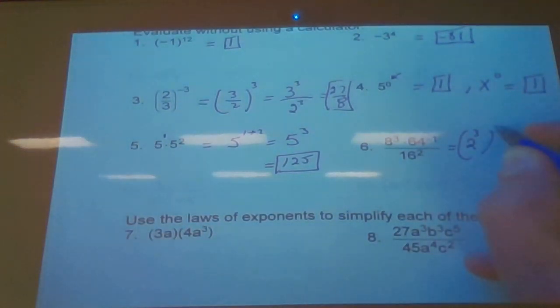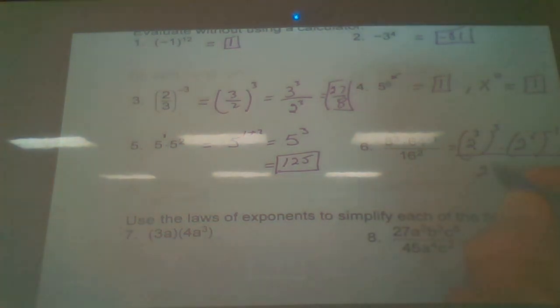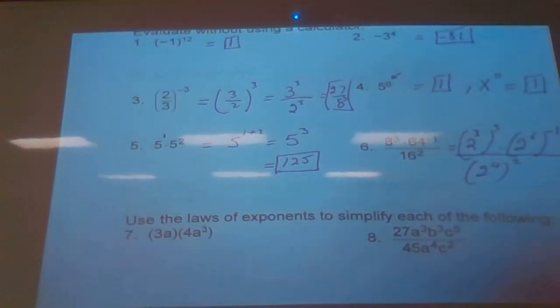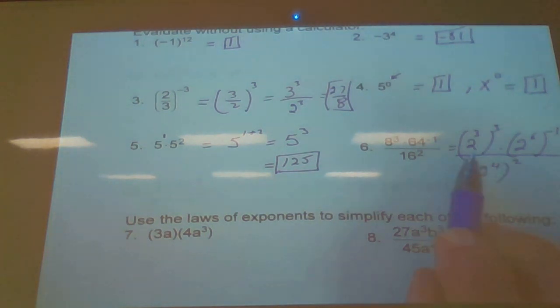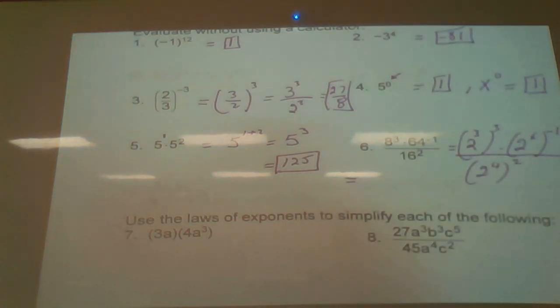Then I have the other 3 times, the 64 is 2 to the 6 with the negative 1 on the top. The 16 is 2 to the 4, and I still have that 2 power. So now you notice all the bases are 2's. Now we can solve this and find the answer a little easier.